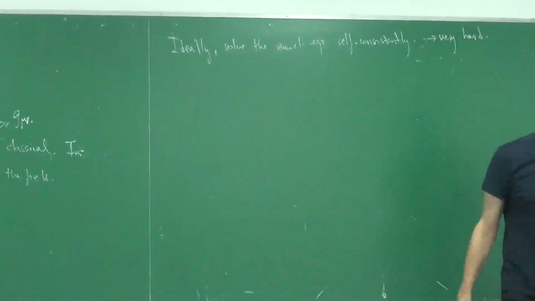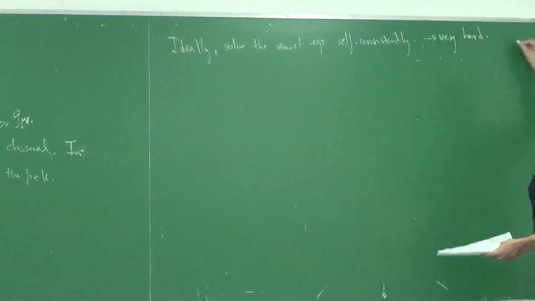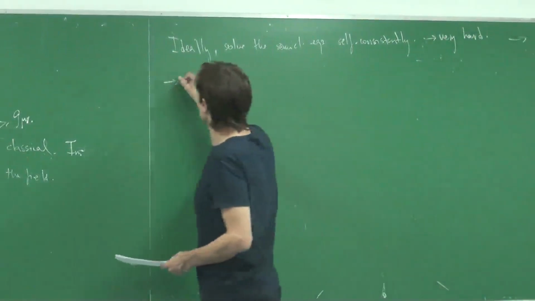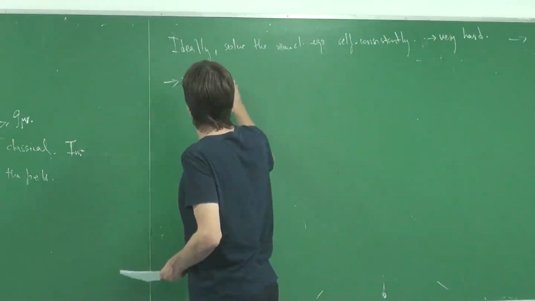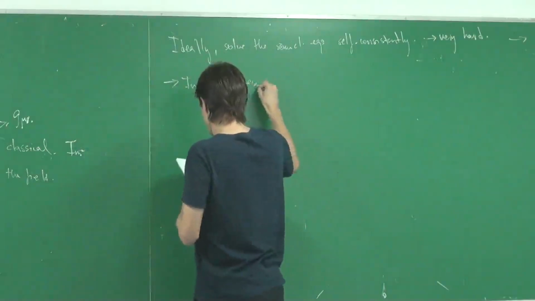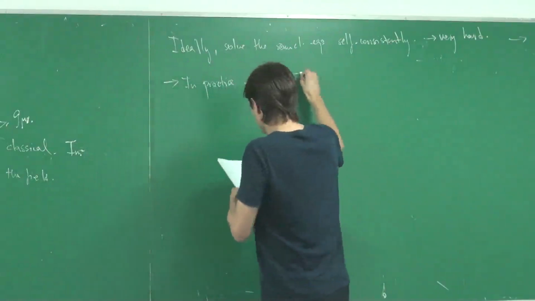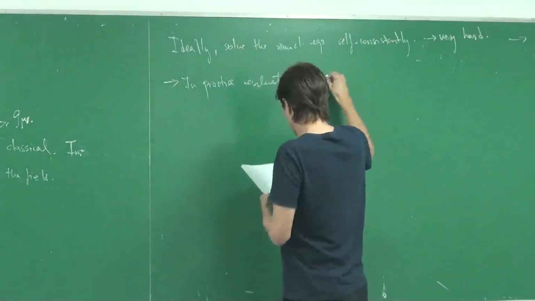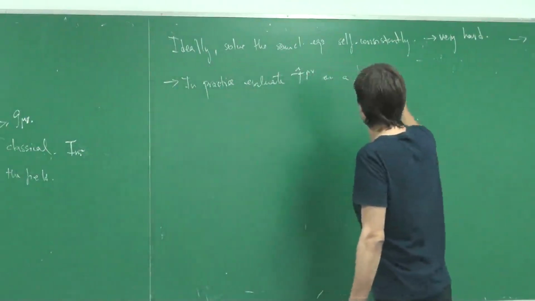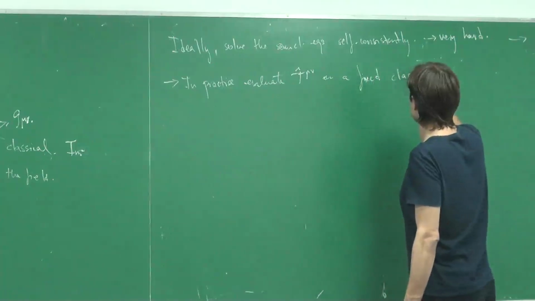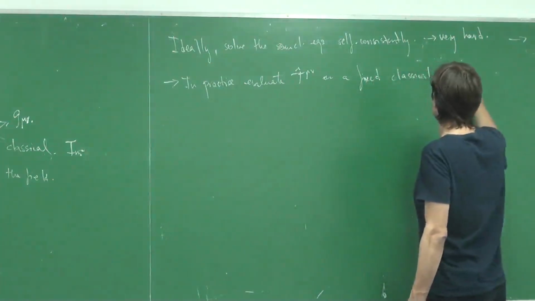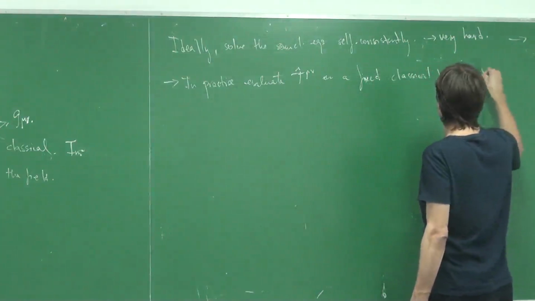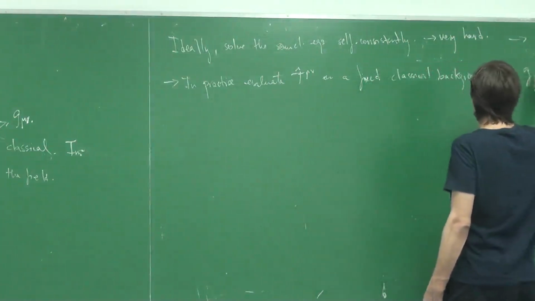So we're going to do an approximation of this. In practice, evaluate T_mu_nu on a fixed classical background spacetime, g.